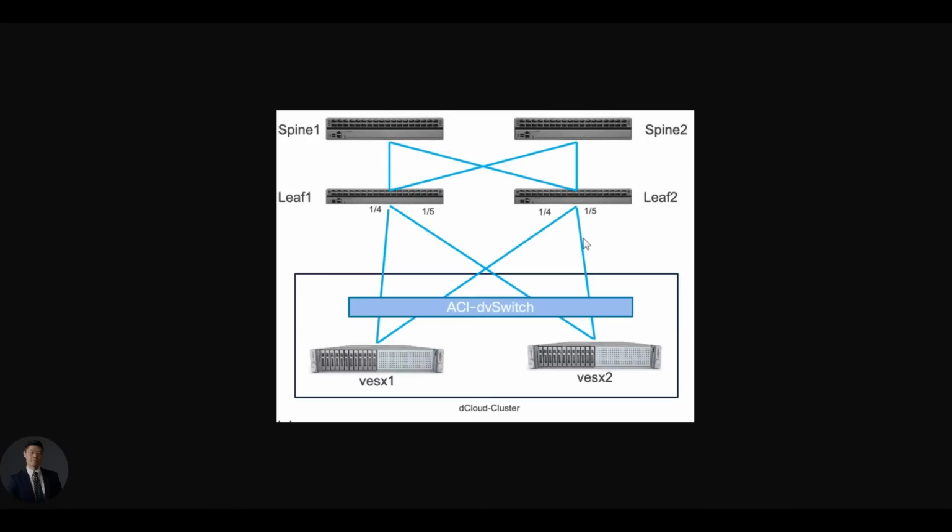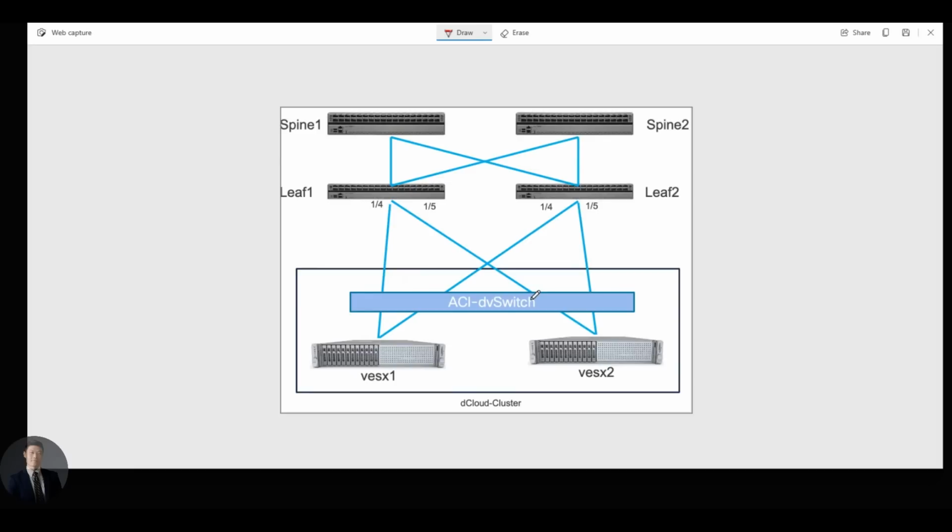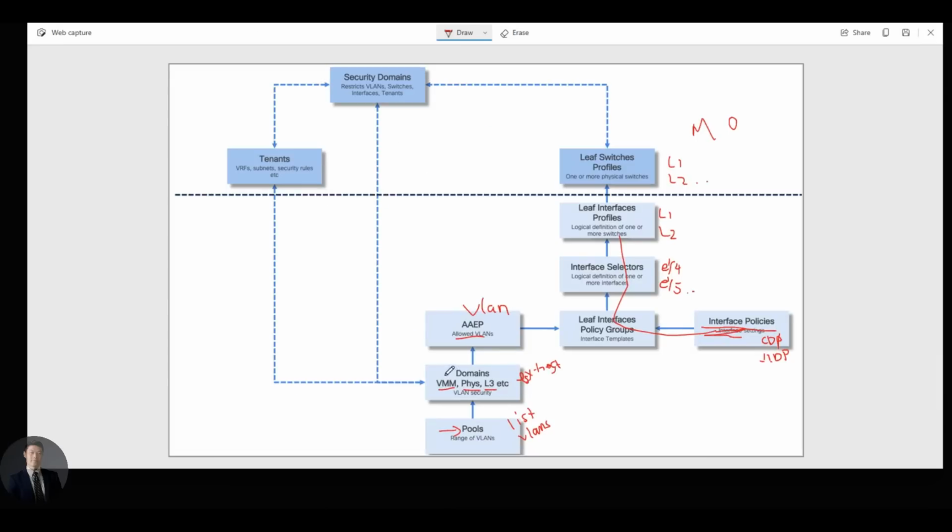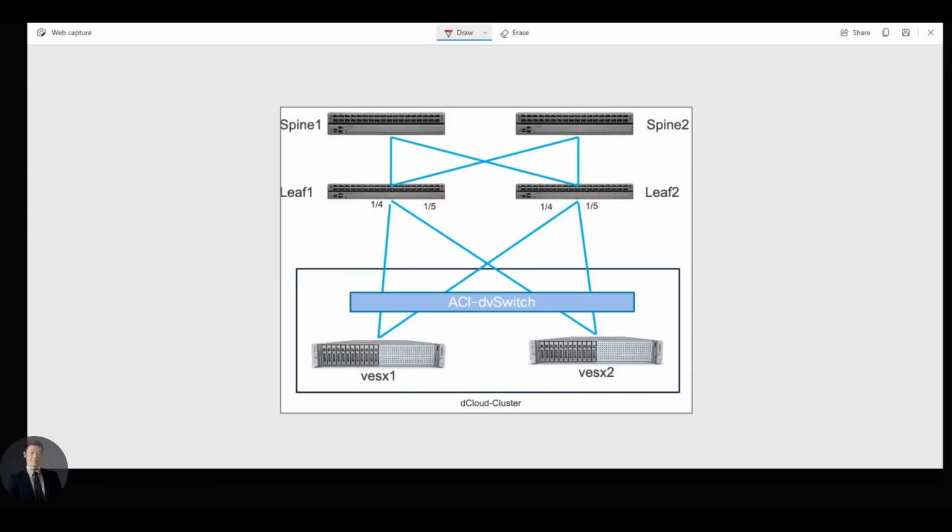As I discussed, we have to create a VMM domain profile. What is this VMM domain profile showing? Okay. The ACI Fabric Virtual Machine Management stands for VMM, the Cisco ACI Fabric Virtual Machine Manager. This domain will enable the administrator to configure the connectivity policies for virtual machine controllers.